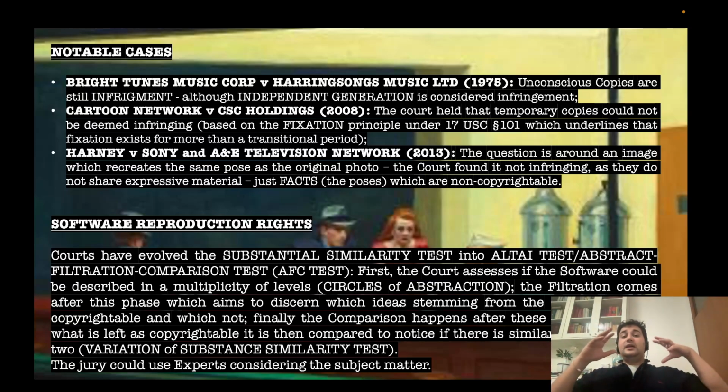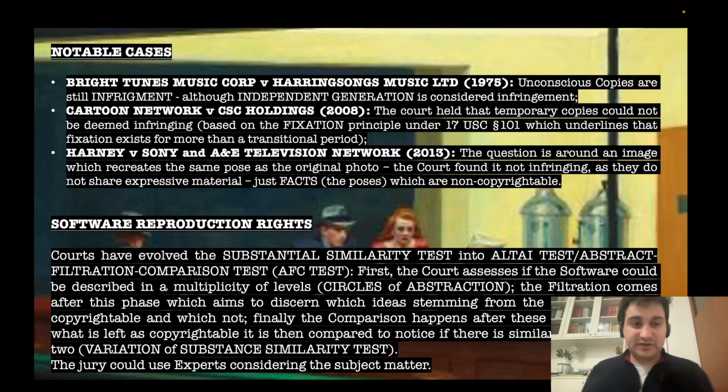So if there has not been a fixation and there has been a temporary copy, this is not infringing under Cartoon Network versus CSC Holdings in 2008.